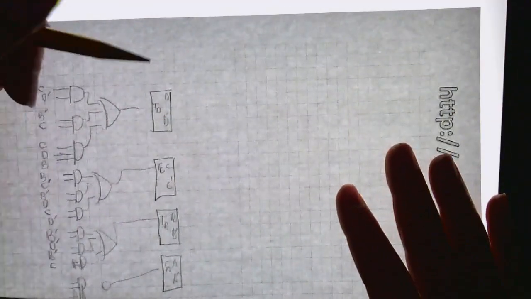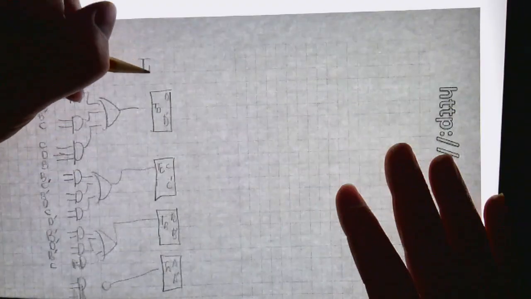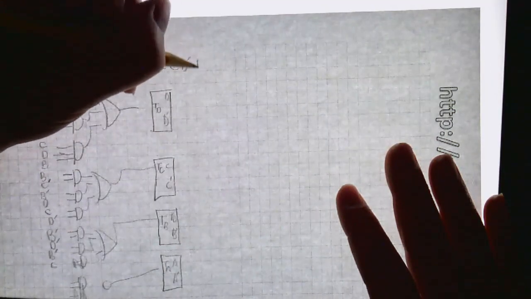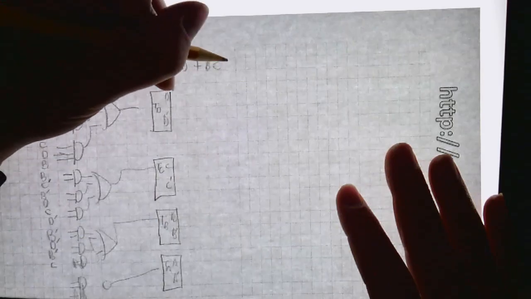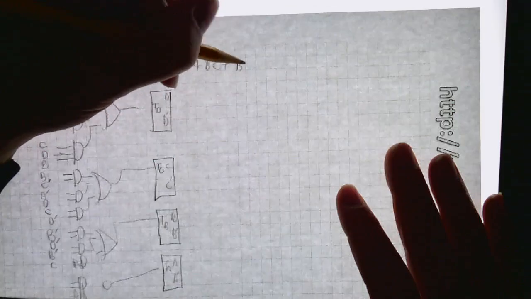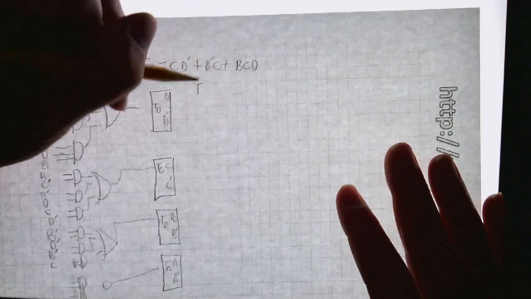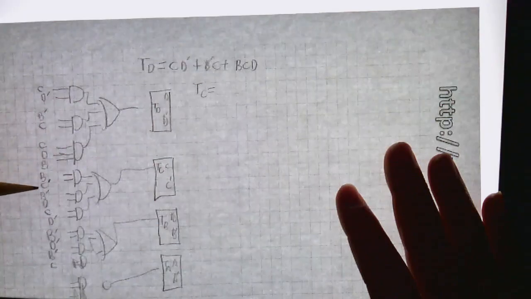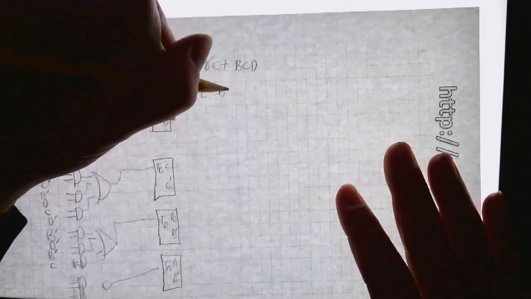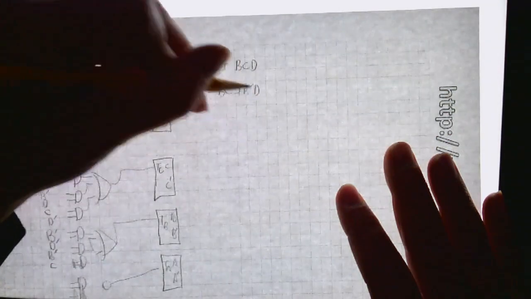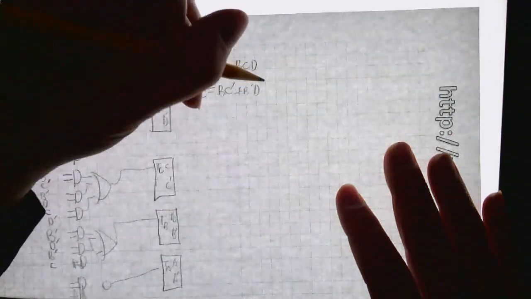All right. So then it turns out we can write out equations for T sub D as C D prime or B prime C or B C D. T sub C must be equal to B C prime, B prime D, C D prime.